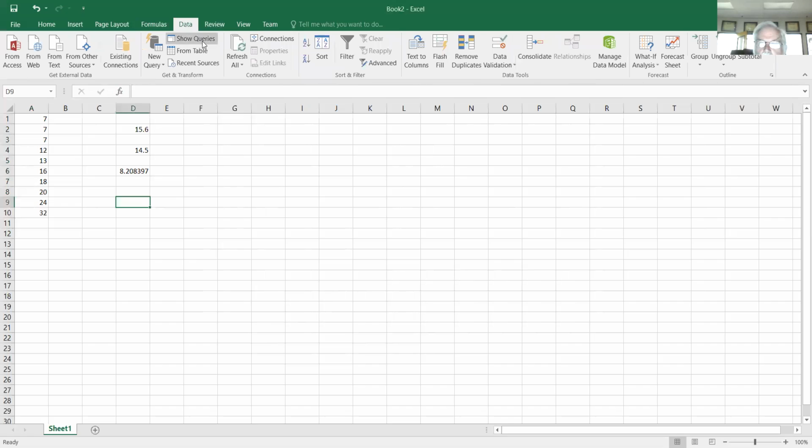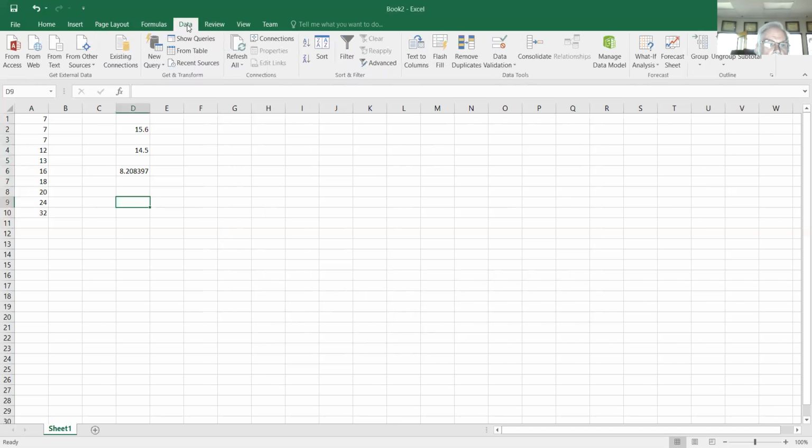I can't remember exactly where. Let's do a bar graph. All right. Let's see. This is a different version of Excel than the one I am used to using.